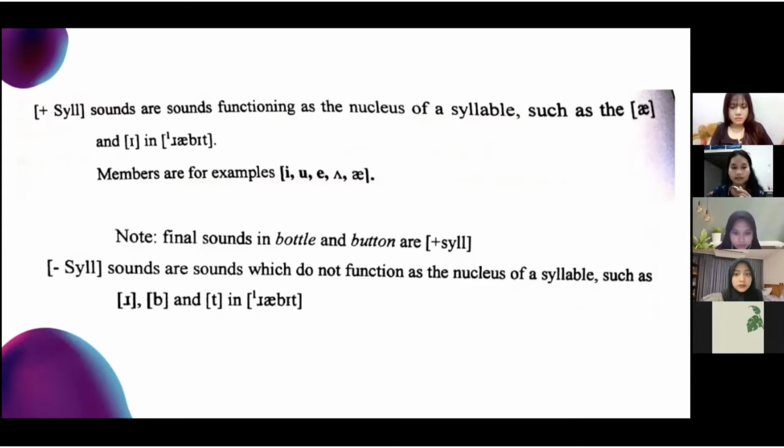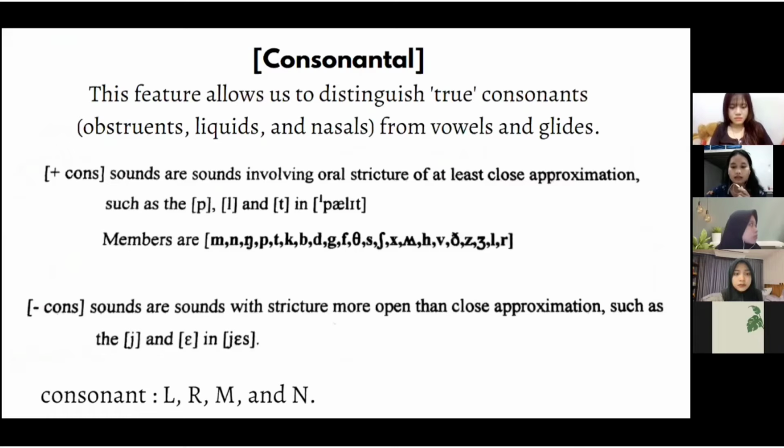And the next, we will explain consonantal. This feature allows us to distinguish true consonants, obstruents, liquids, and nasals from vowels and glides. Plus consonantal sounds are sounds involving oral structures with a less close approximation, such as p, l, and t in polite.